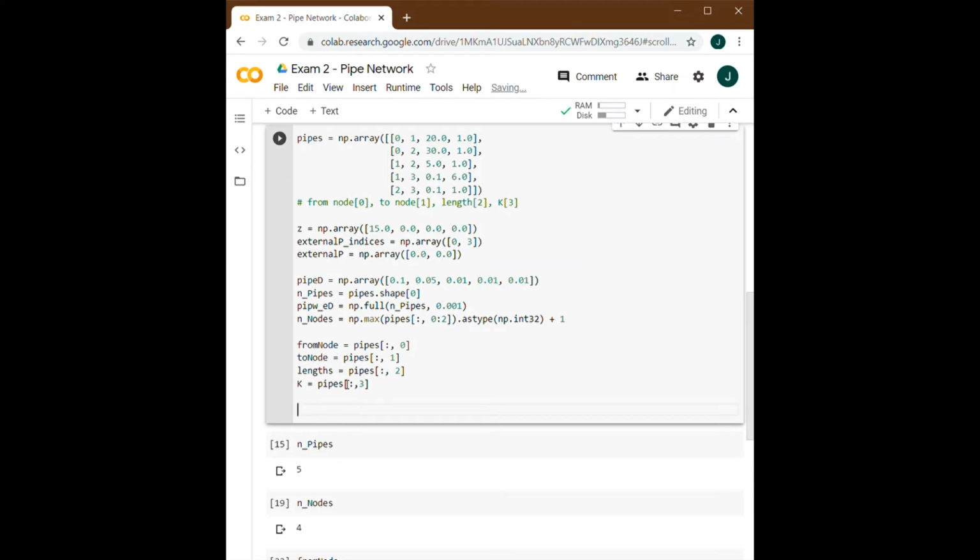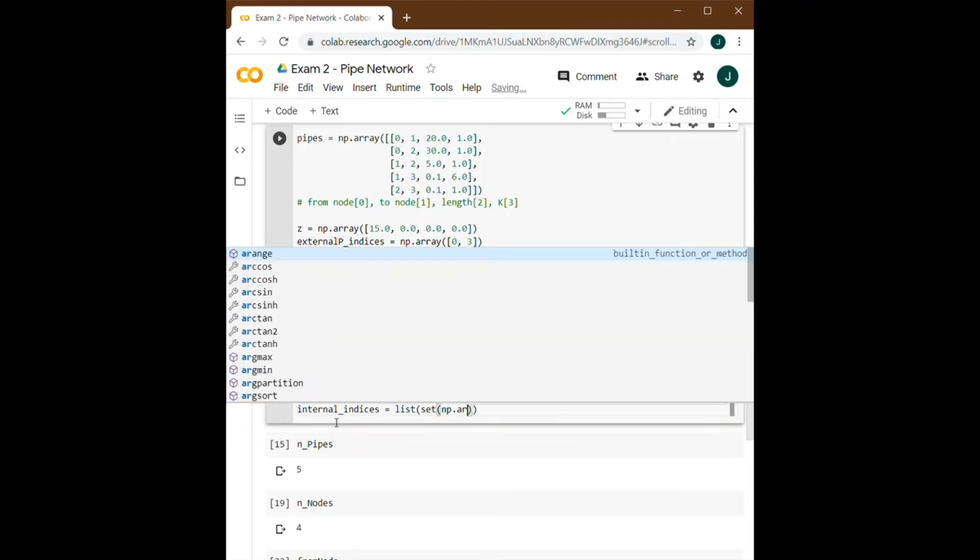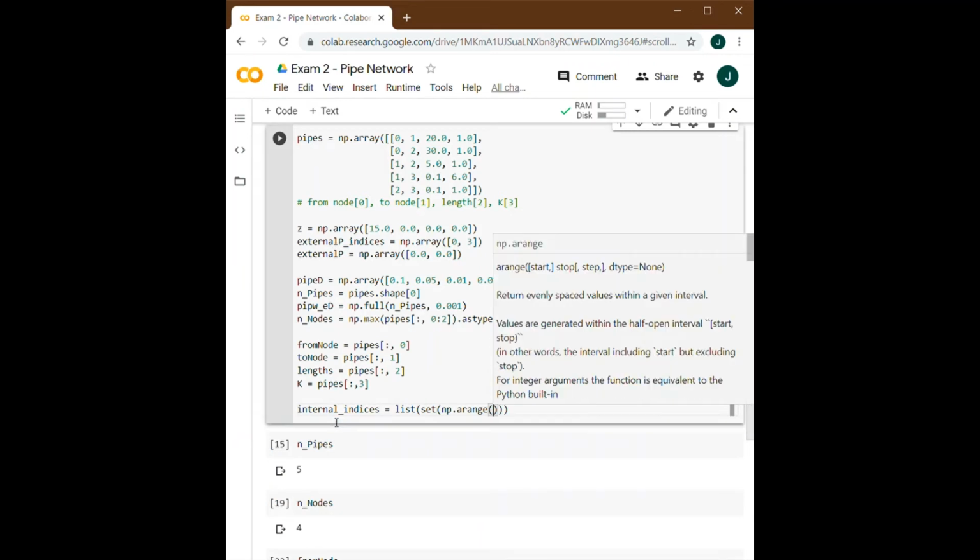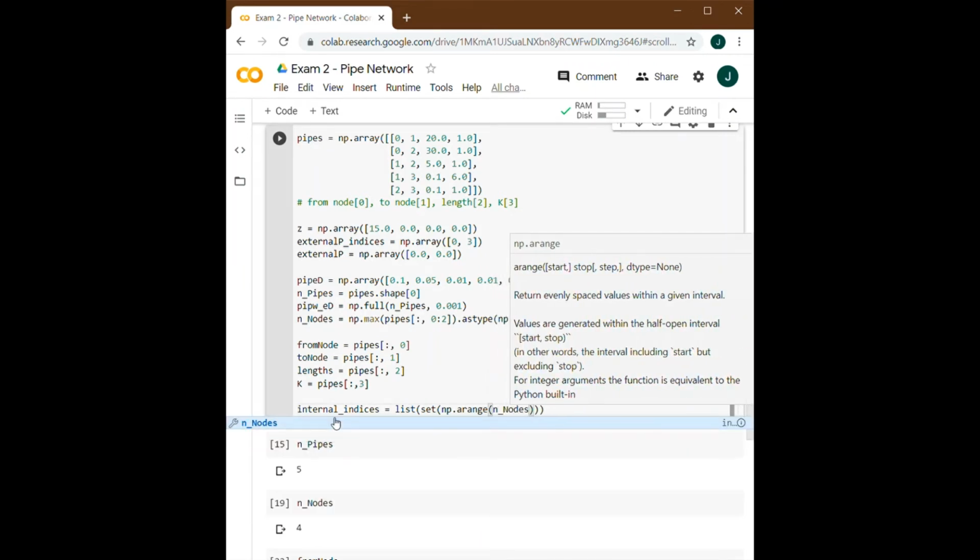We're going to create a list of all of our nodes and subtract our external nodes from that list of full nodes. So what that's going to look like is internal indices is going to be equal to the list, set, numpy.arange, and nodes.